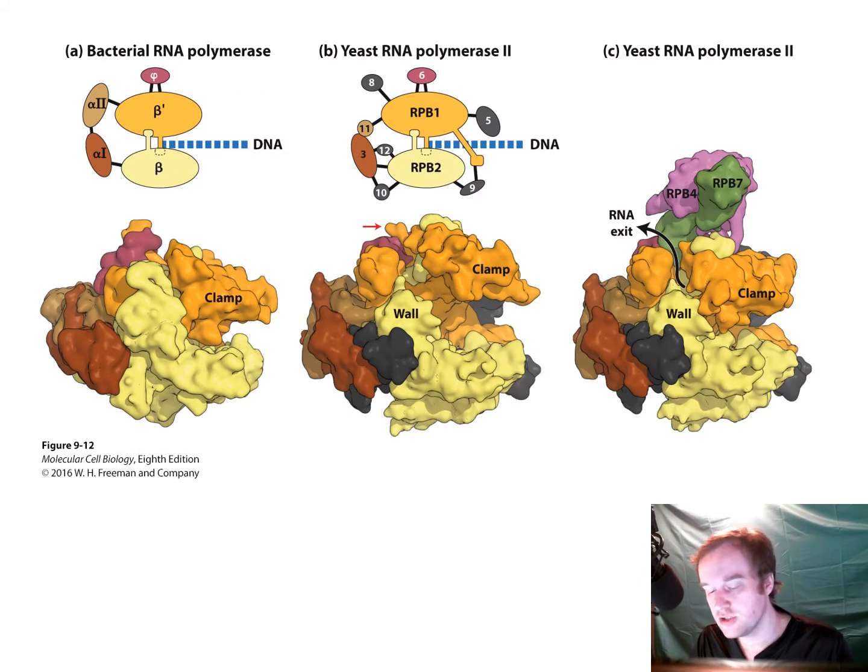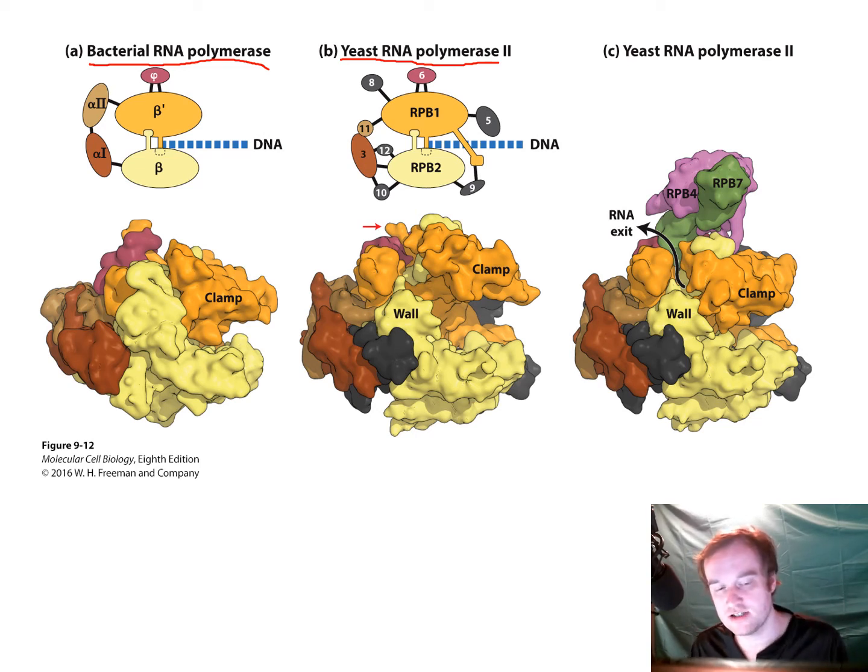Okay, so if we were to look at the polymerases and compare them between eukaryotes and prokaryotes, here we have an example of bacterial RNA polymerase, and remember there's only one in bacteria, and then we have yeast RNA polymerase 2. You can see that the structure is very much conserved between the two.